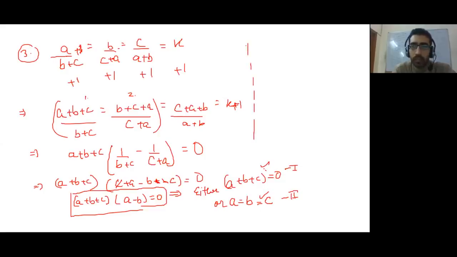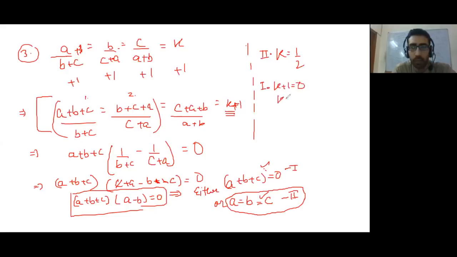Let me do it here. From 2, you will get k is equal to 1 by 2 from the second conclusion. But from conclusion number 1, focus here. What do you get from conclusion number 1? If a plus b plus c is 0, then k plus 1 is 0. And of course, if k plus 1 is 0, k is equal to minus 1.